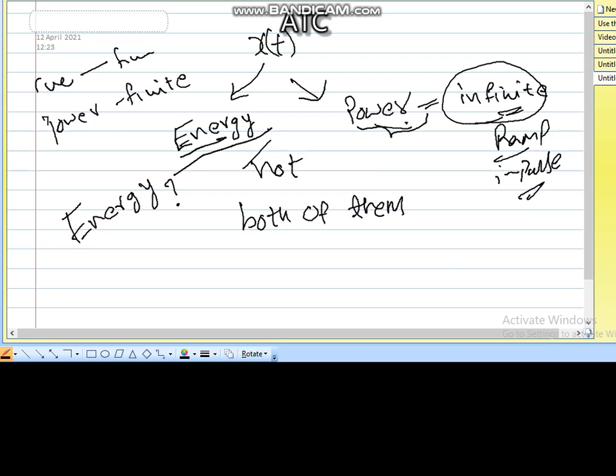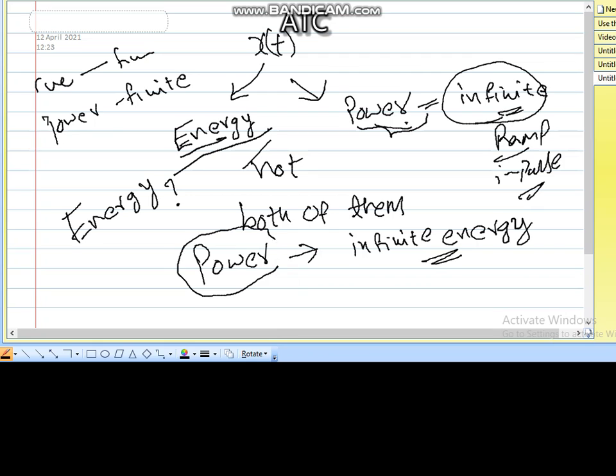Power signals can't be generated because they have infinite energy, and how can we create infinite energy? So we can't create a power signal. All the signals we have are energy signals only.